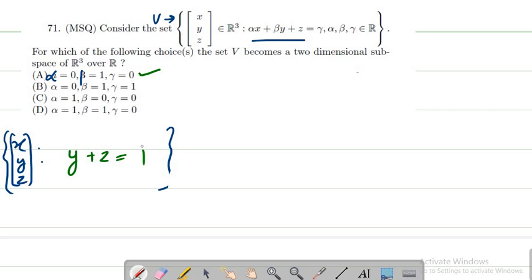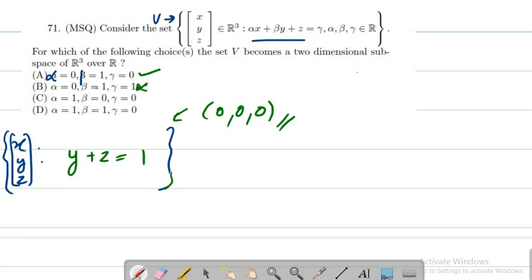So this is not a subspace because this particular structure is not passing through the point 0, 0, 0. Whatever the structure is, a plane or a line, it should pass through the origin. Because if you take all the points for which y plus z equal to 1, then it's not containing the point 0, 0, 0, so it is not a subspace.